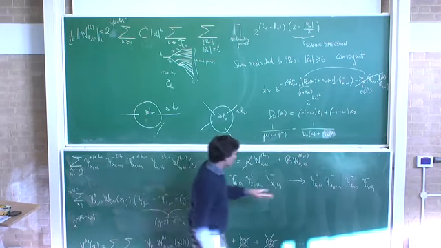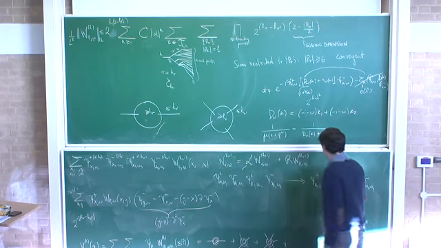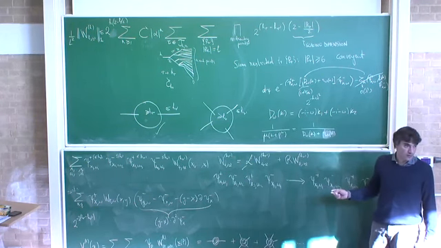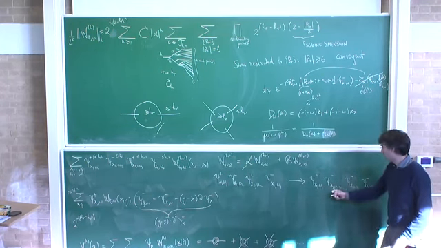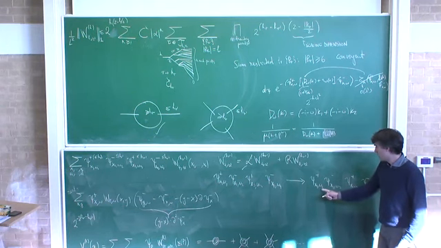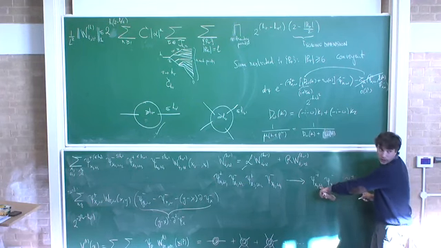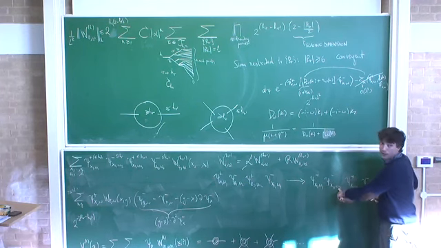Okay, note also that since these guys are Grassmann, the square of a Grassmann variable is 0. So in order for this object to be different from 0, you need to have these two indices different from each other, and these two indices different from each other.